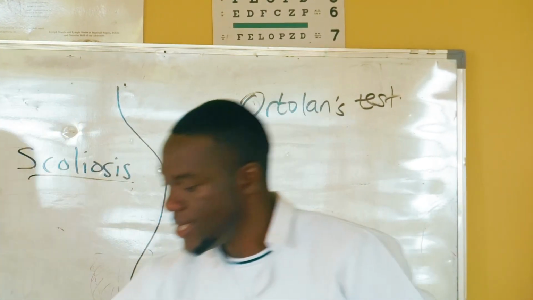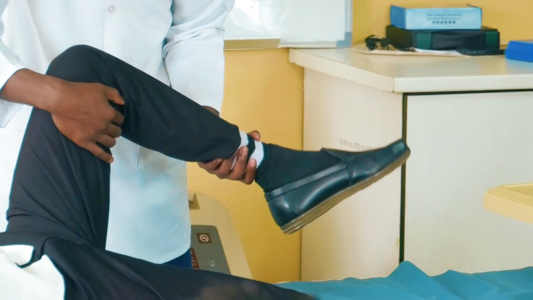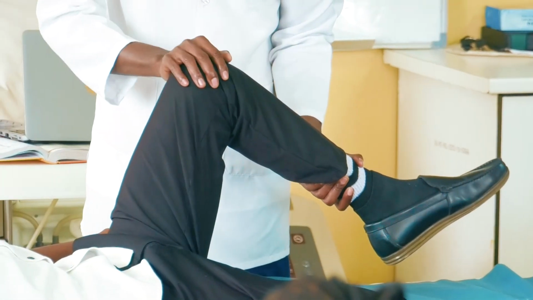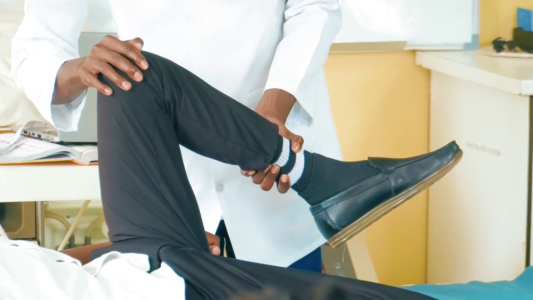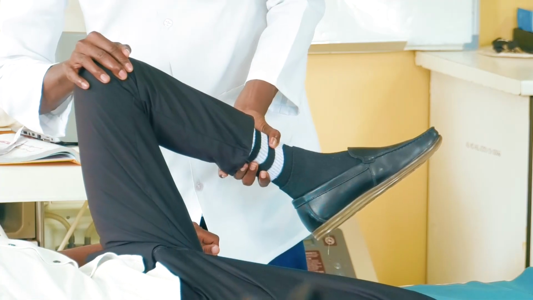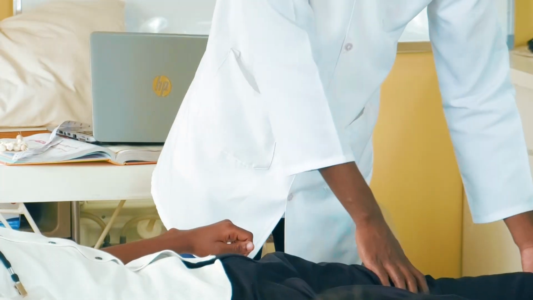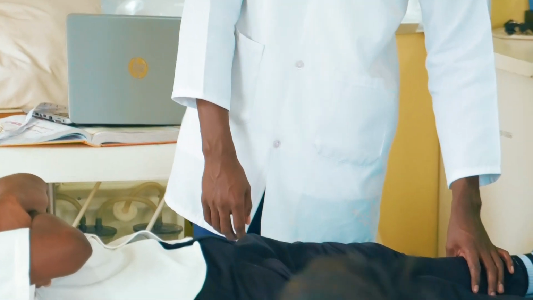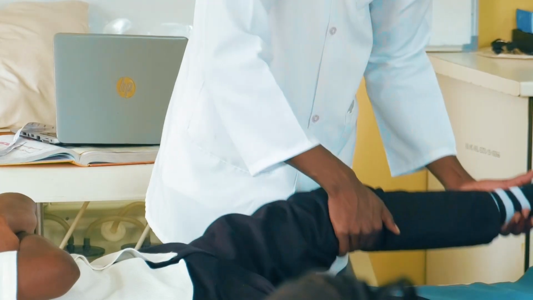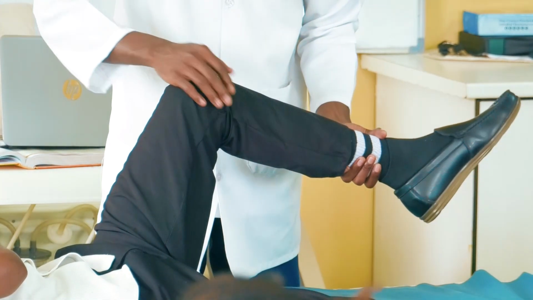The test is where you do this. You are checking also for the knee. Are you together? Then you are just going to flex it, okay? Sometimes, especially for old people, you even hear some bones making a sound. So when you are doing this test, we are just flexing.